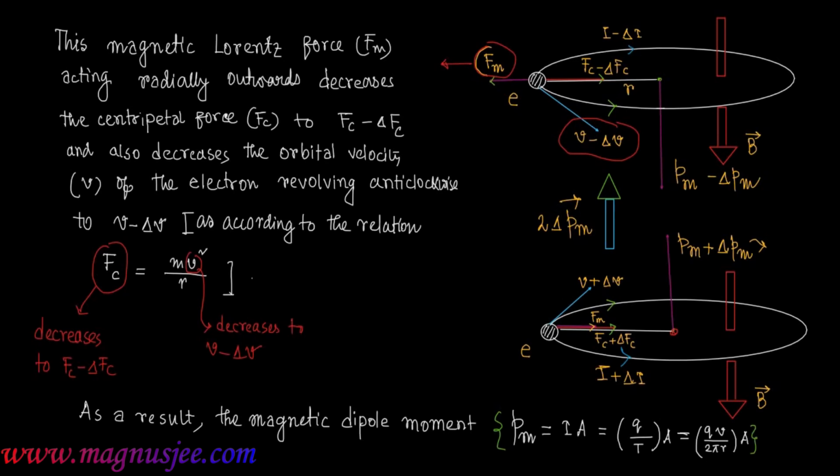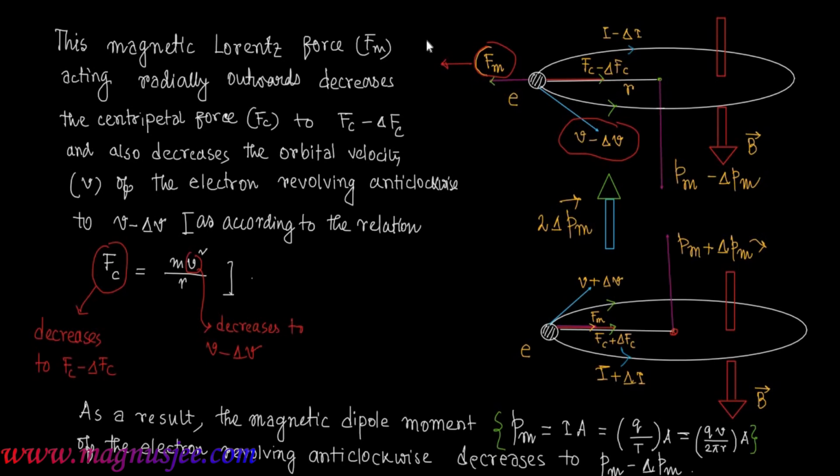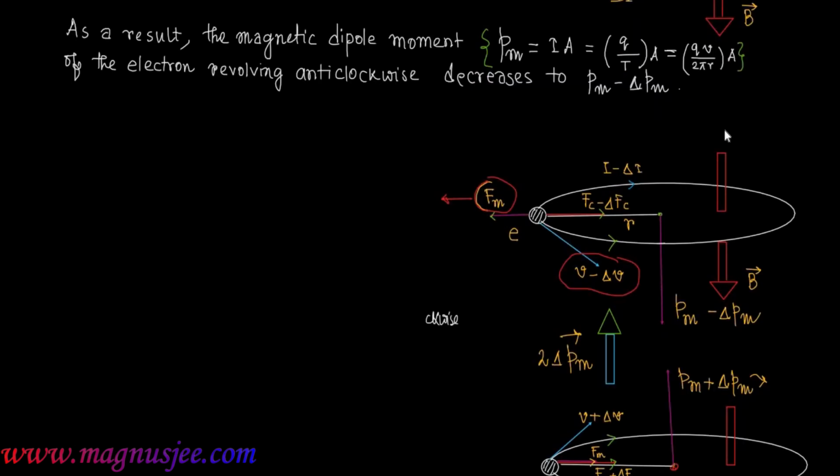As a result, the magnetic dipole moment Pm of the electron revolving in the anticlockwise direction also decreases to Pm minus delta Pm, which is acting vertically downwards.